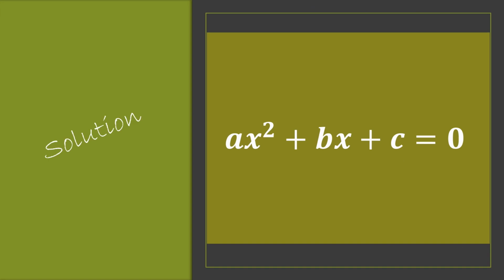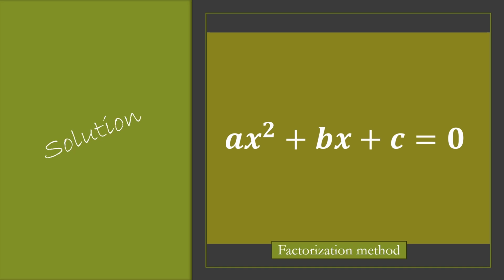There are 4 different methods we can use to solve quadratic equations. The first one is the factorization method. The factorization method is quick and good. However, it has its own limitation because not all quadratic equations can be factorized.